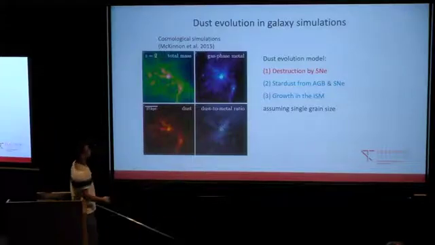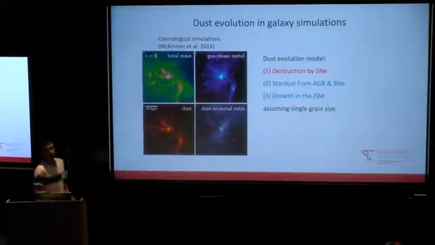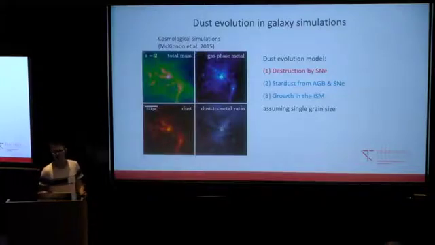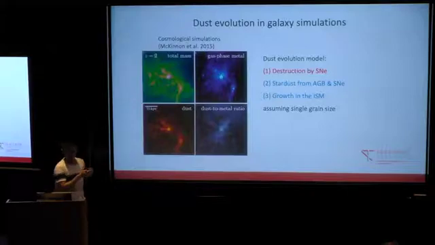In this simple model adopted in these simulations, they track several processes. The first is destruction in supernova shocks, where dust is sputtered by collisions between gas and dust, and the dust material is returned to the gas phase.